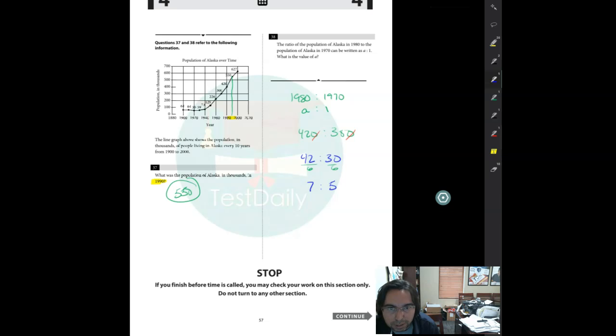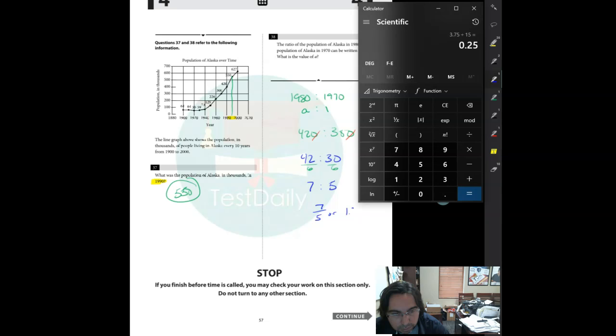So what I could write is 7 to 5, or the value of, I think the decimal is 1.34, I think, 7 divided by 5.